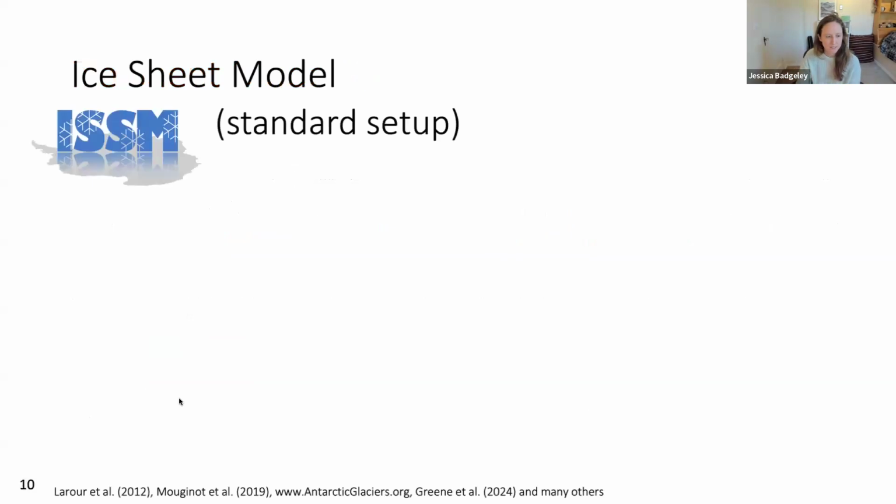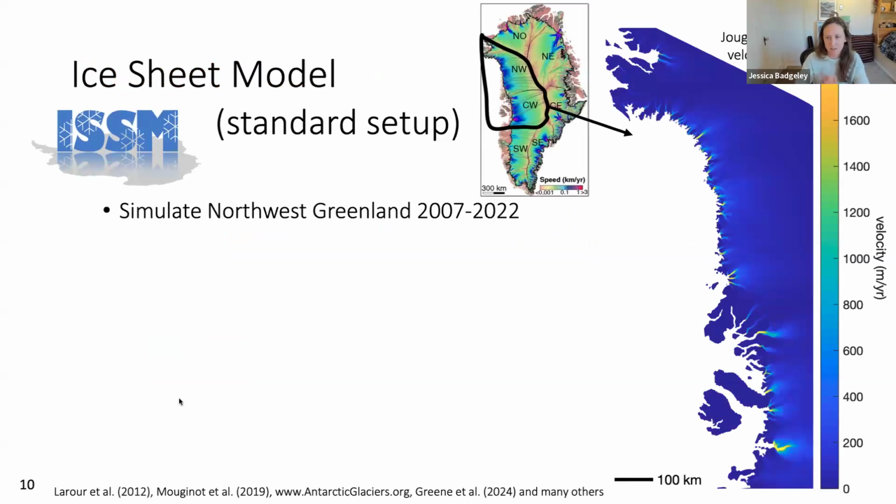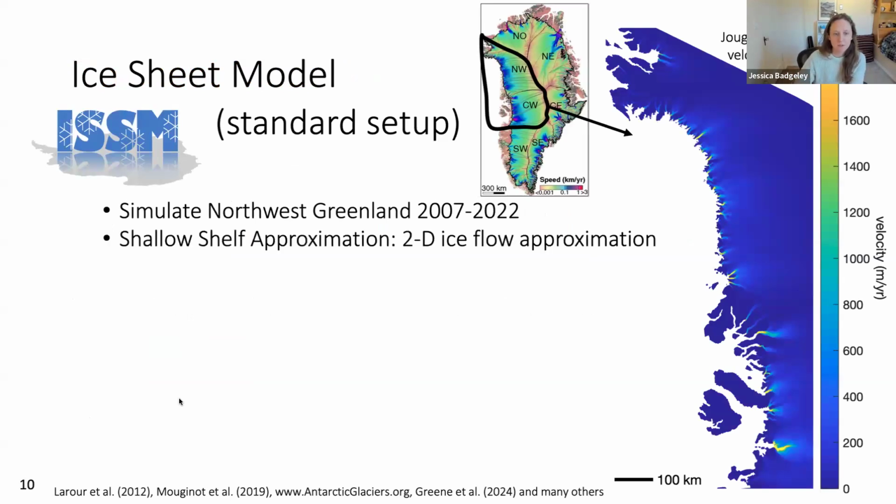Okay, so now diving into what I've actually done. I use the Ice Sheet and Sea Level System Model, or ISSM, and this is a fairly standard setup that I'll start with. If you're not an ice sheet modeler, don't worry too much about the details, but I just wanted to lay these out there. I'm simulating northwestern Greenland from 2007 to 2022, using the shallow shelf approximation for ice flow.